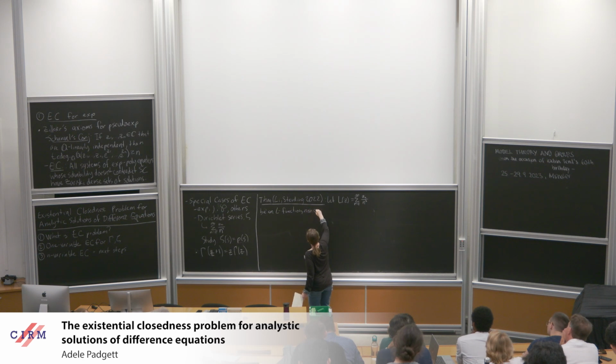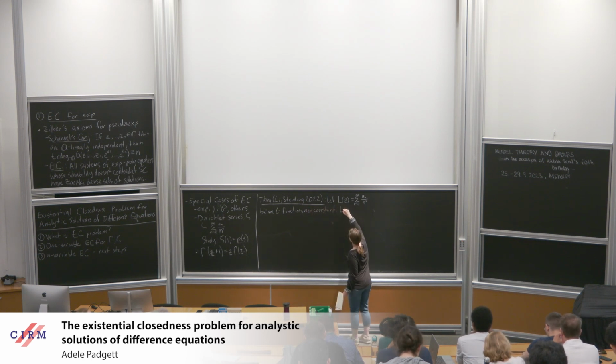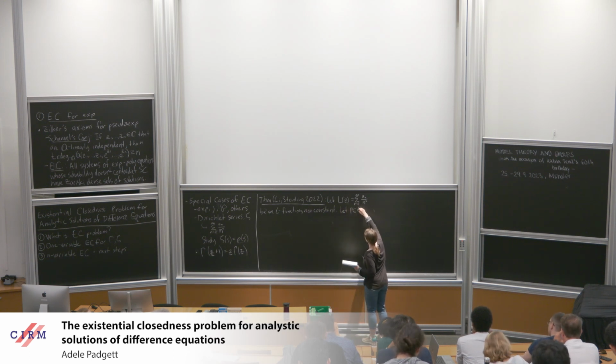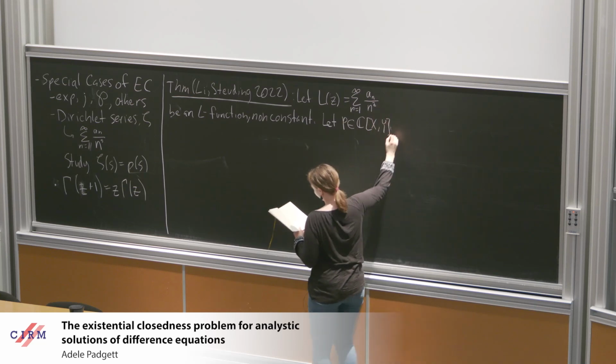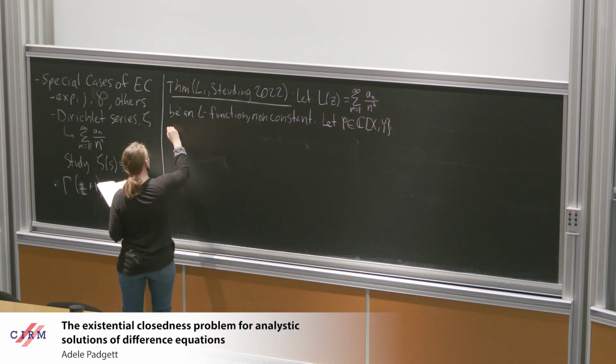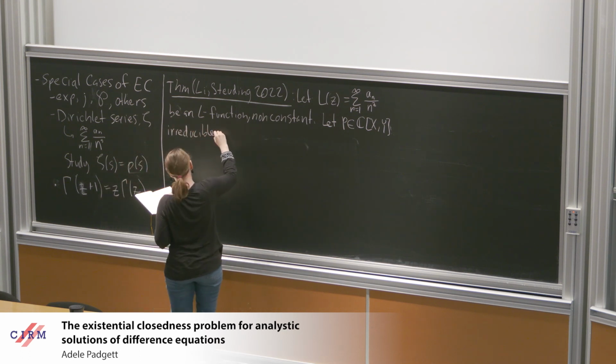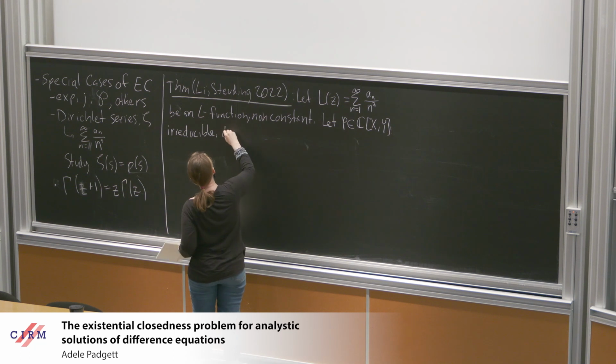Non-constant. And let P be a complex polynomial in two variables, which is irreducible, and also which depends on both variables.